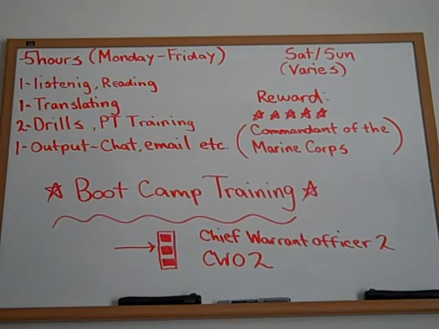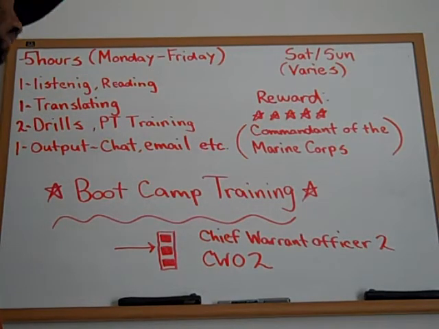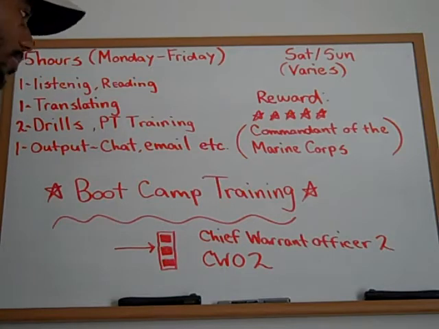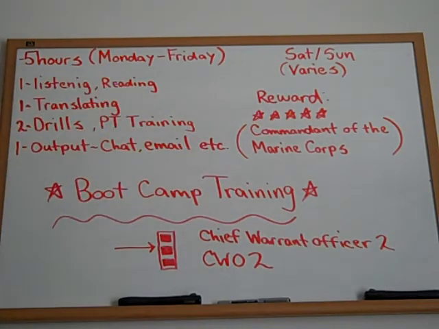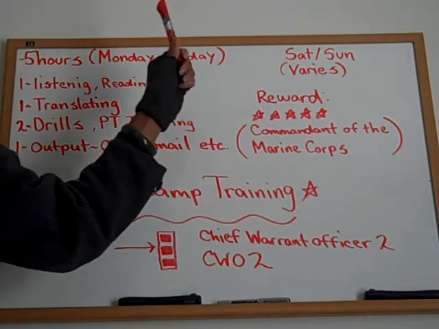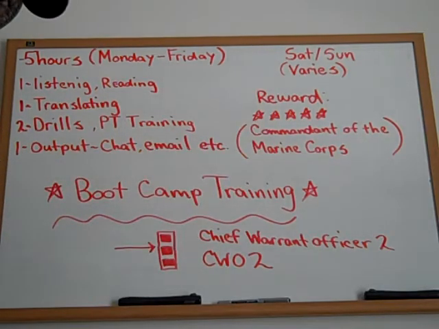So basically what I'm doing here is 5 hours, Monday to Friday. Now, Saturday and Sunday it varies. Right now I'm focusing on Estonian. I didn't study Estonian yesterday, and I'm not studying it today, Saturday and Sunday. Saturday and Sunday are days I'm going to use for other languages.